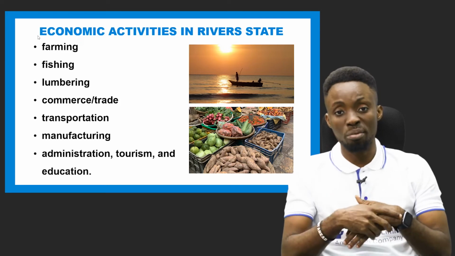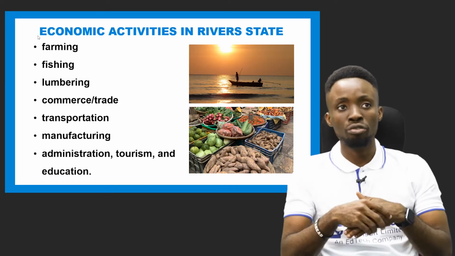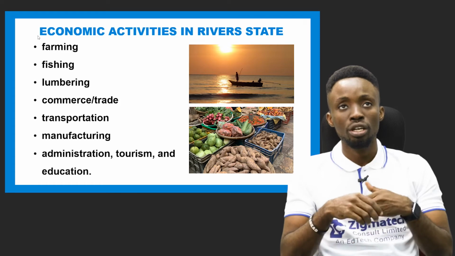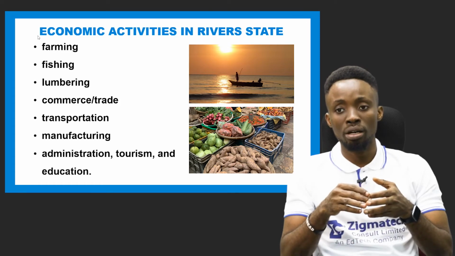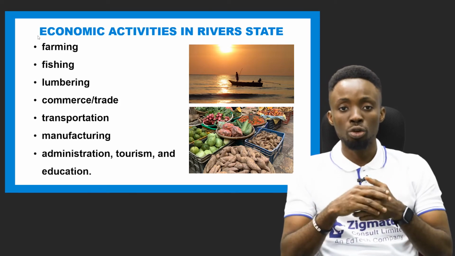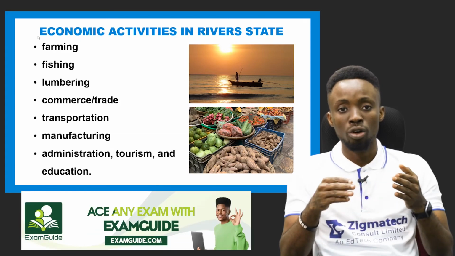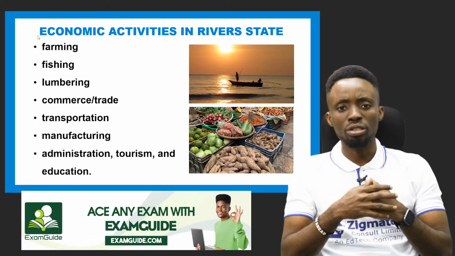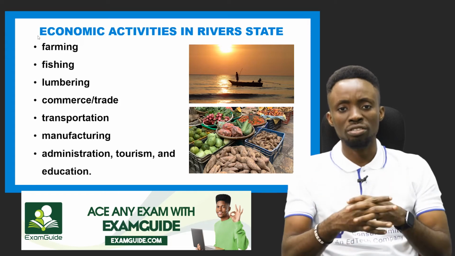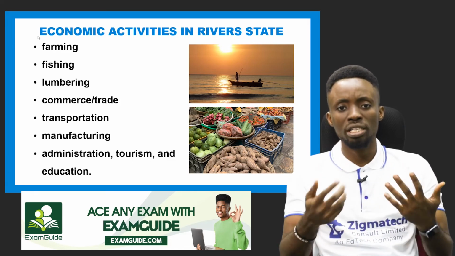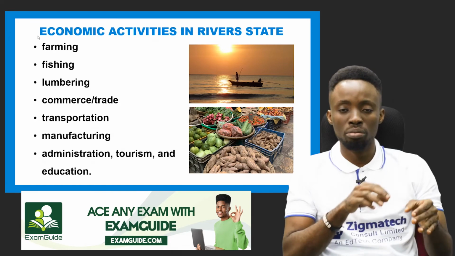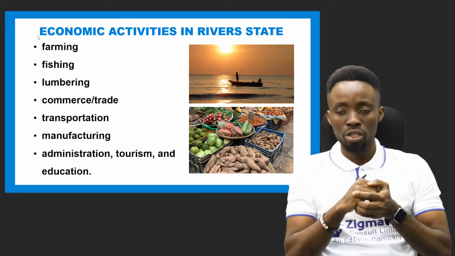Now, if you go to places like Boni, Opobo, Eche, Ahoda, Omuma and the rest, you're definitely going to see fishing activities going on, especially where we have streams and rivers flowing through.